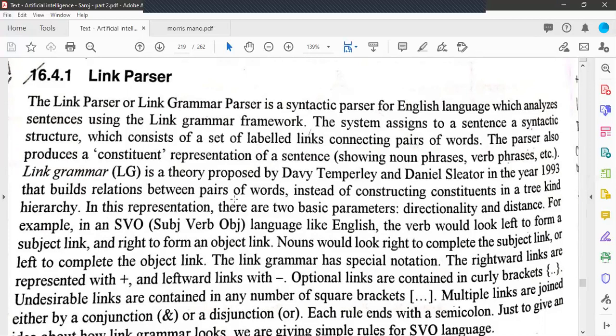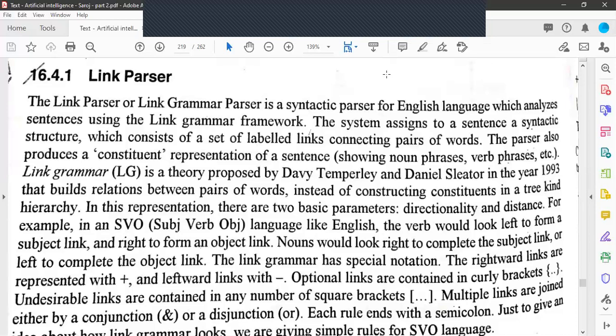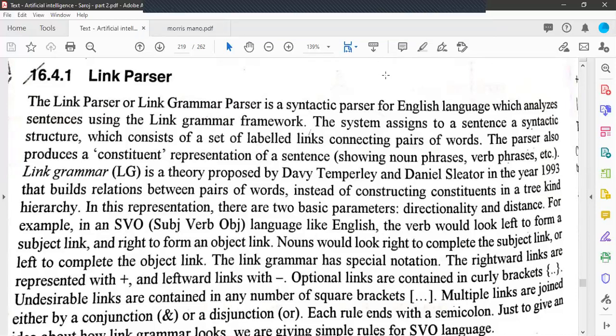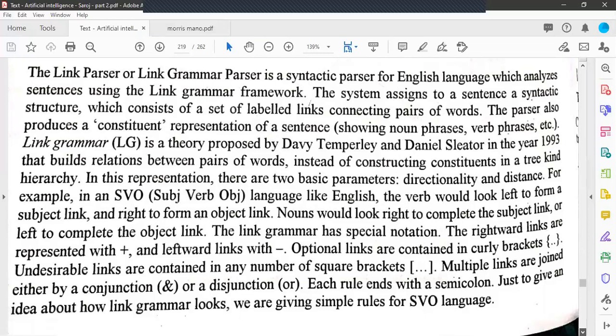As I told you, instead of building a tree in hierarchical format, what it does is it creates a relationship between words.